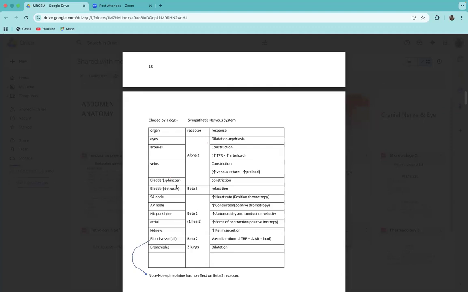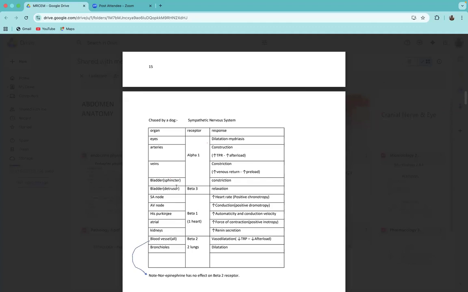Beta 1 is also present in the atria, kidney, and Purkinje fibers. The beta 1 receptor in Purkinje fibers will increase the automaticity and conduction velocity of the heart. In the atria, there will be increased force of contraction, and from the kidneys there will be increased renin secretion.